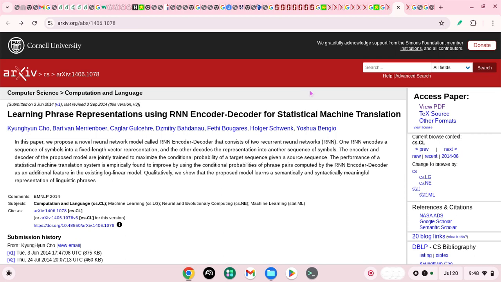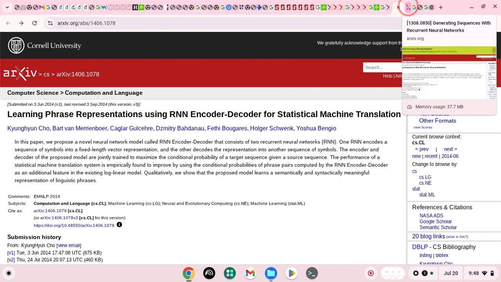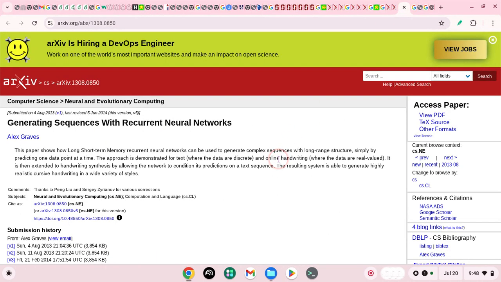This recurrent neural network is, as many of us would know, a specialized deep learning architecture which is particularly applied for sequence modeling. So this is what we see: we started this video with one paper, then that introduced a concept, then that concept led to another paper, and then to further papers.